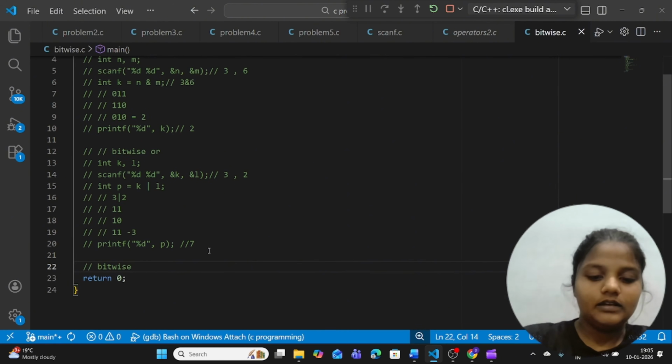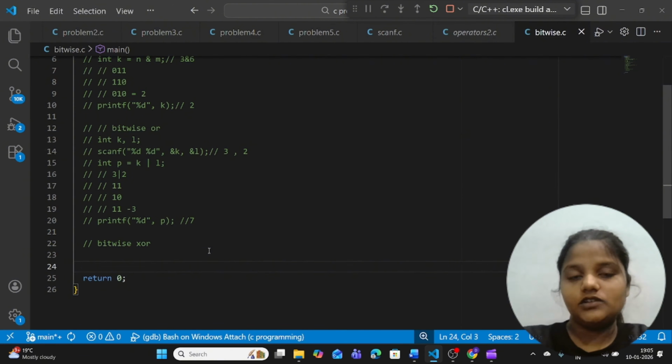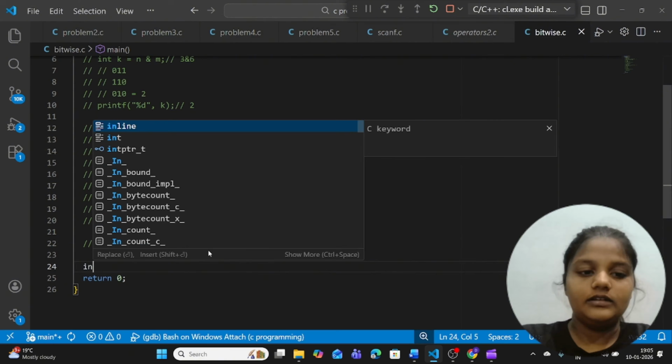Now we will see bitwise XOR. Okay? So for this also you want 2 inputs, right?